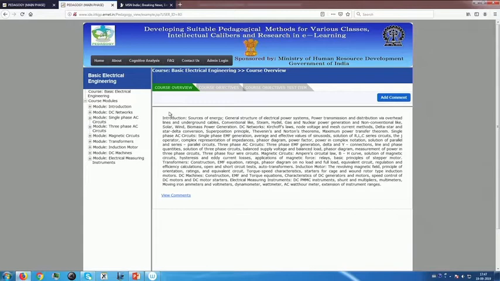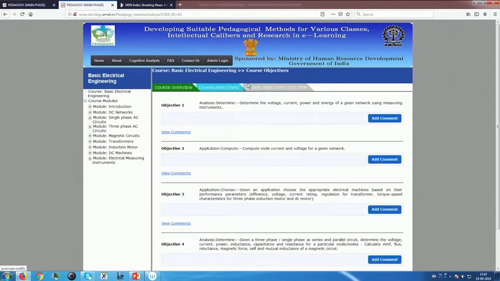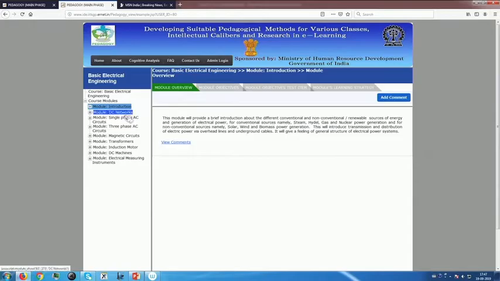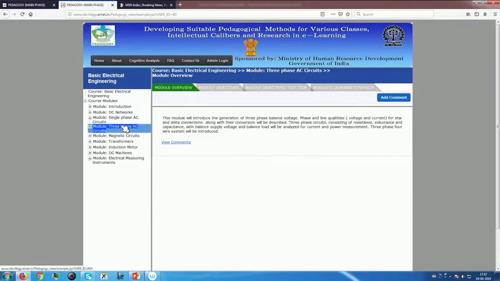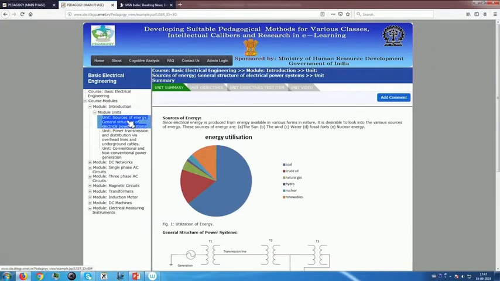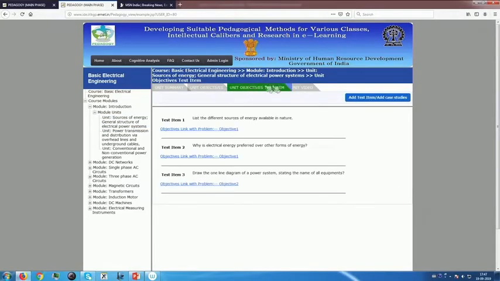So, the course overview you have already written down, the course outcomes you have already written down, and each outcome is already linked with an objective. The course is divided into modules, module 1, module 2, module 3, module 4, and each module has units, and each lecture has a lecture summary, lecture outcome, and a lecture test item.